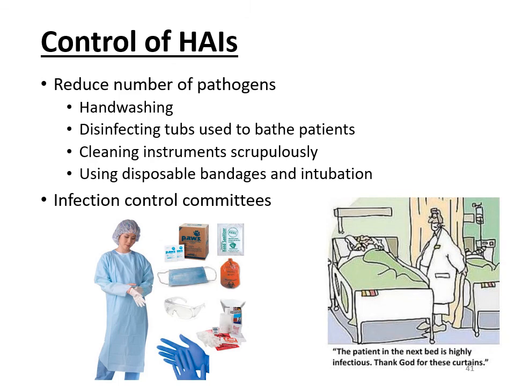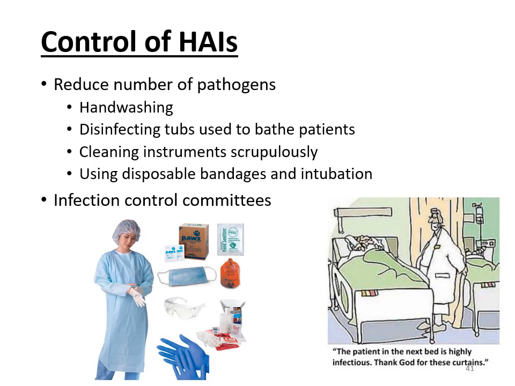Here we summarize some various ways that can help control these hospital-acquired infections. You want to reduce the number of pathogens as often as possible. So make sure to hand wash regularly. Use things like disinfectants on tubs or equipment.